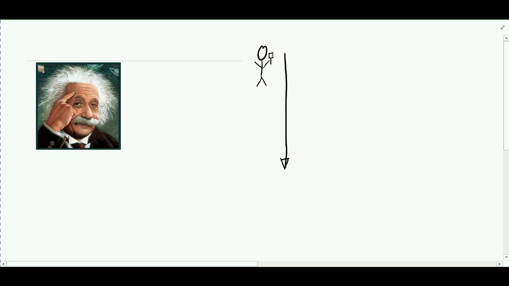Now, we're not sure if this painter really existed or not. No one really knows. But let's just say for the sake of this most beautiful thought that he did exist. While this painter was falling towards the ground, hurtling towards certain death, Albert Einstein realized that this painter no longer experiences the feeling of gravity. Now, we are on planet Earth, so he would feel some wind resistance, but he no longer experiences the feeling of gravity.